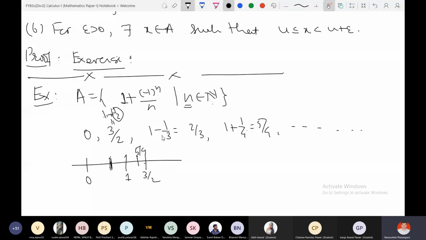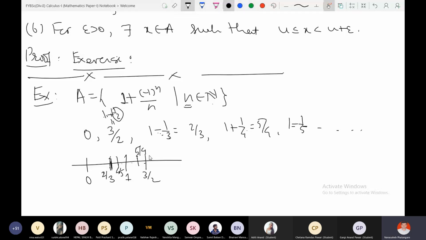And here I am subtracting 1 by 3. So the next element is 1 minus 1 by 5, so I am subtracting a still smaller amount. So here 2 by 3 and here 4 by 5.